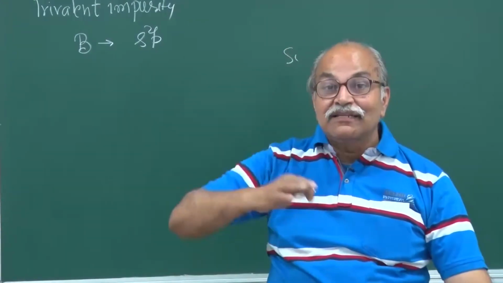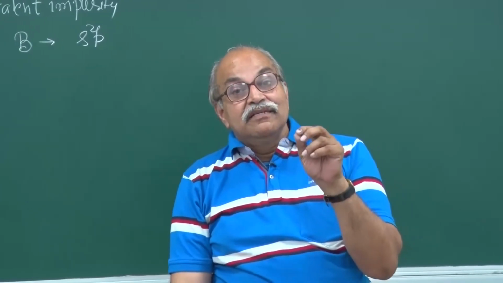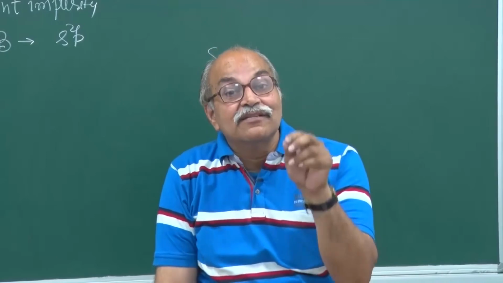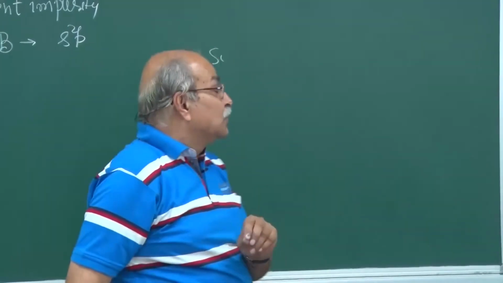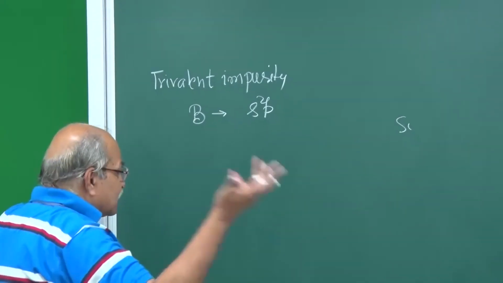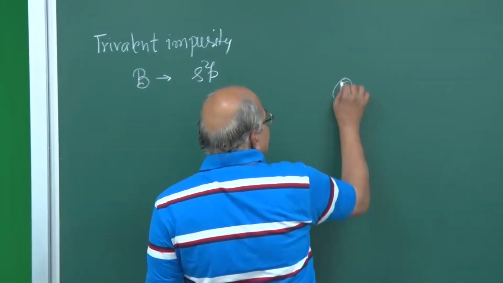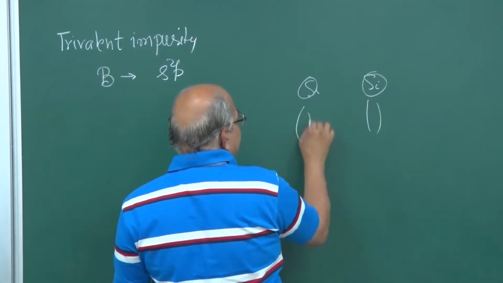So you have to retain that structure and ensure that the impurity is just going and sitting at the site of one silicon ion. So very nice metallurgical processes one has to do, and then you have, let us say you have silicon and so on, that same diagram.